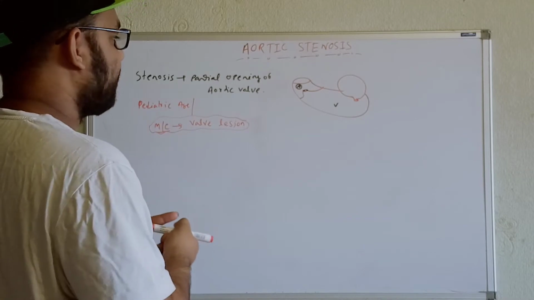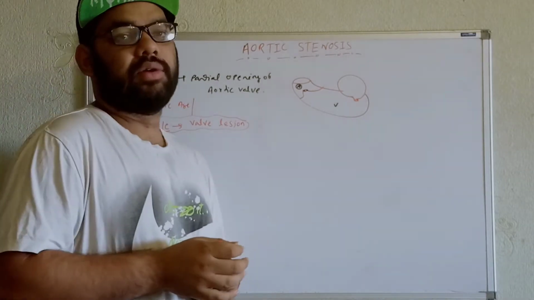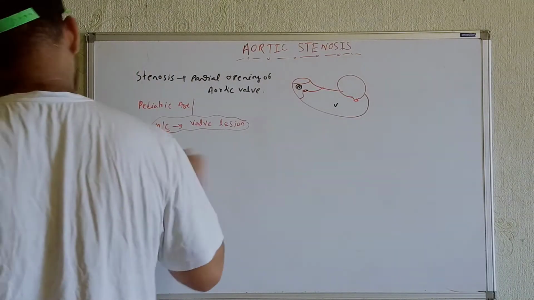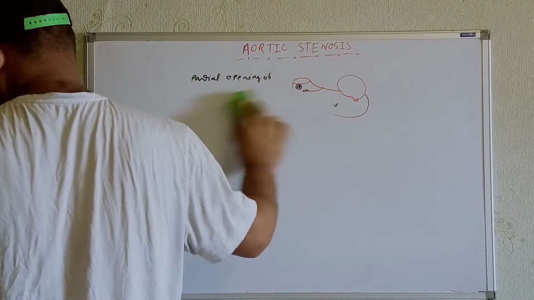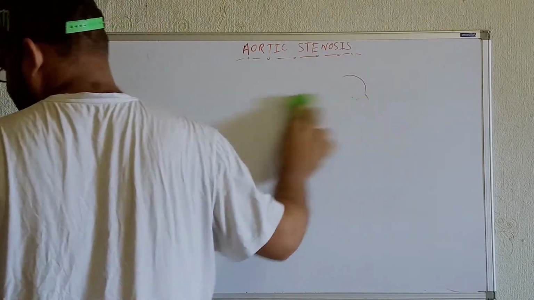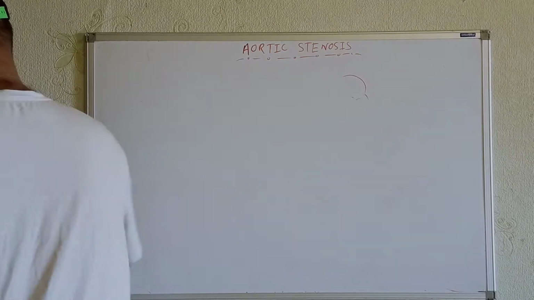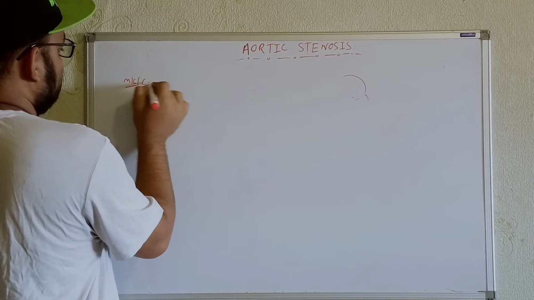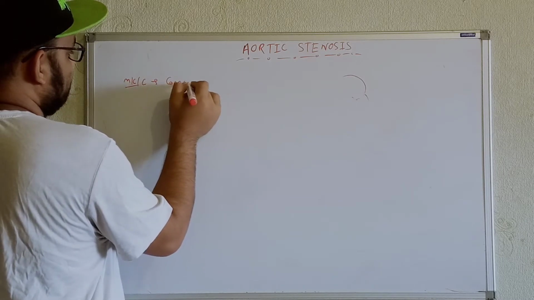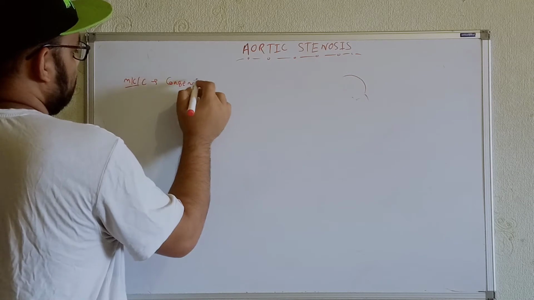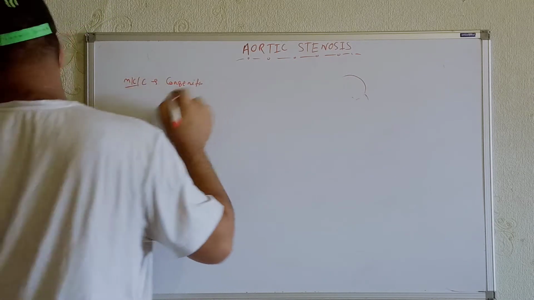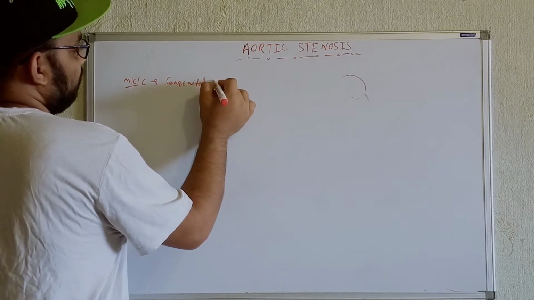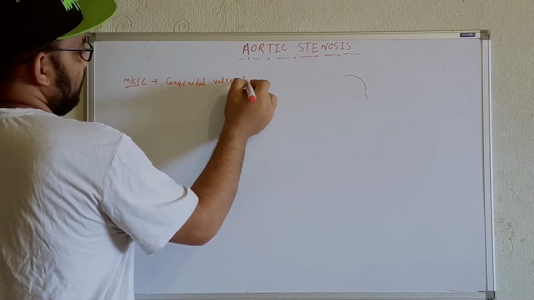Now we'll talk about different kinds of etiologies. What are the causes for aortic stenosis? So let's write it over here. As I said, this is the most common cause of congenital lesions.